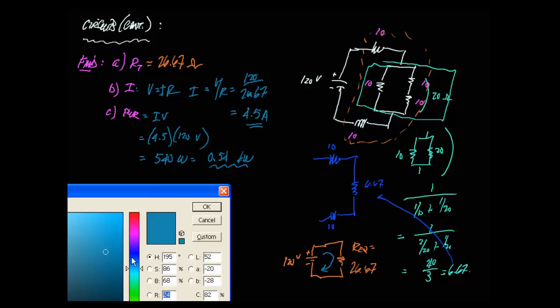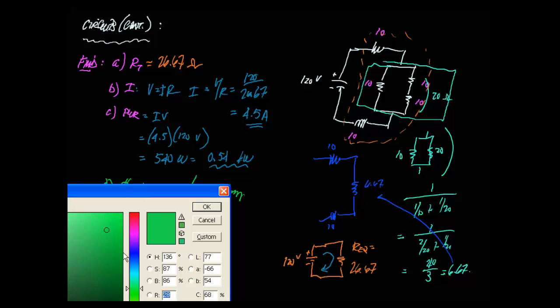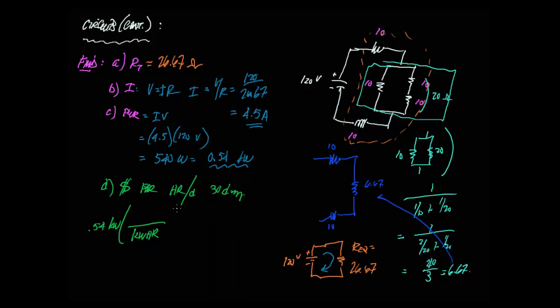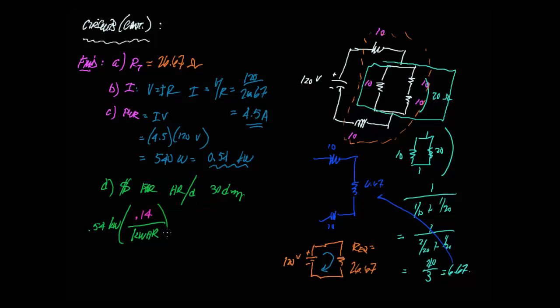Since we have another moment here, why don't we just make it a little longer and go through and find out the cost for 1 hour per day for 30 days while we're here. So we take the 0.54 kilowatts, we multiply it by the cost per kilowatt hour that they're charging us, and let's say they are charging us 14 cents per kilowatt hour. So we put 14 in there.